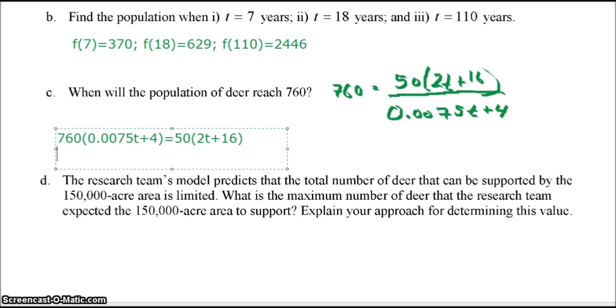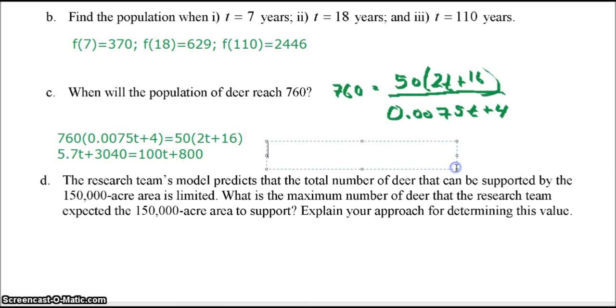Okay, now let's distribute the 760. We get 5.7t plus 3040. Now we'll distribute the 50. We'll have 100t plus 16 times 50, 800. Next, let's subtract 5.7t from both sides to get all our t's together, and subtract 800 from both sides to get our constants together.